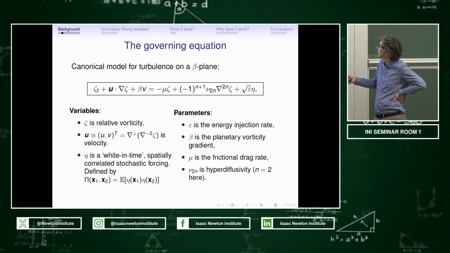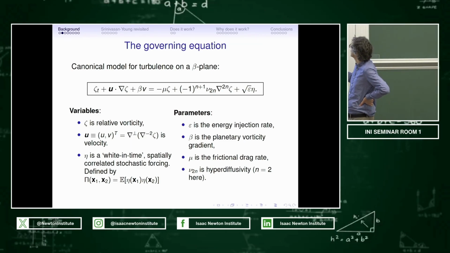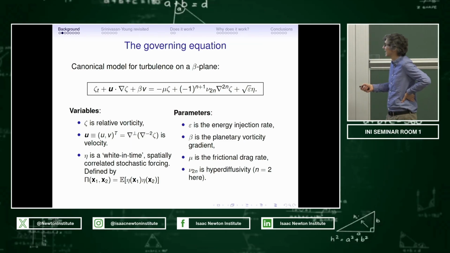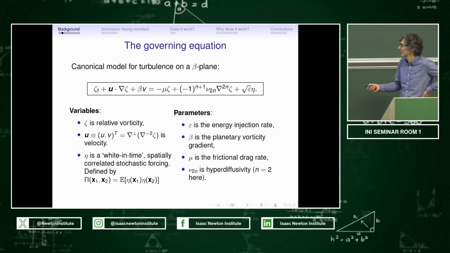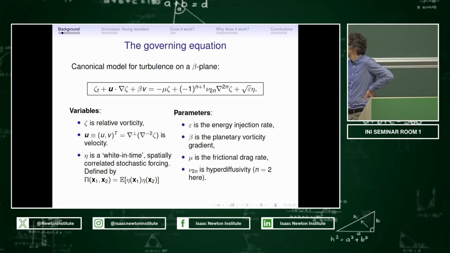The equation is forced primarily by a stochastic forcing term, which has a scale square root epsilon, where epsilon can be interpreted as the energy injection rate, so long as this is suitably normalized. The quantity eta is white in time noise with some spatial correlation function given by pi.